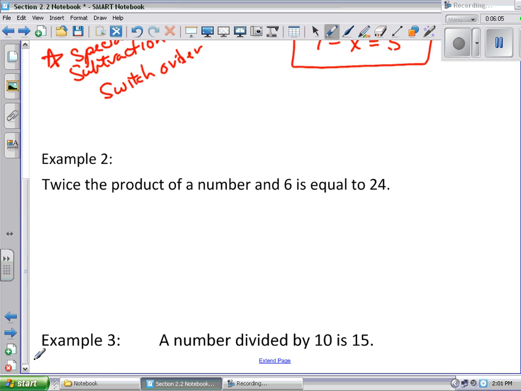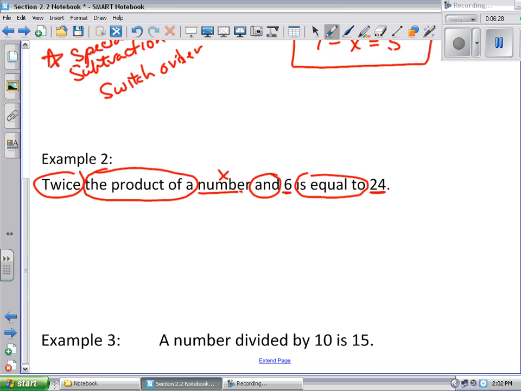Twice the product of a number and 6 is equal to 24. Twice the product of a number, that's x, and 6, I'm underlining my numbers. Then I'm going to circle my phrases. I have twice, that's a phrase. The product of a, that's a phrase, and is equal to. Twice the product. I have two of these phrases together, so I'm going to put parentheses around the second one.